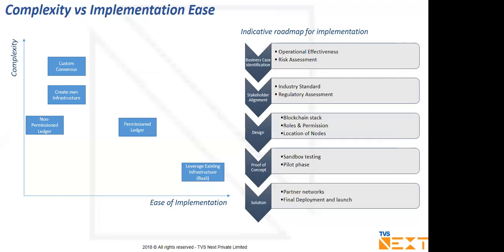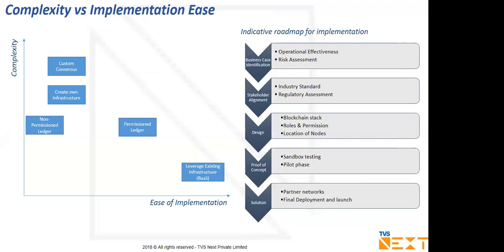But on the other hand, when you're looking at using your own permissioned ledger and not depending on someone's blockchain framework, but rather you want to do it on your own with a very permissioned system, the ease of implementation could be fairly lower because of scalability issues, which are definitely getting addressed in a lot of the frameworks that are coming in.